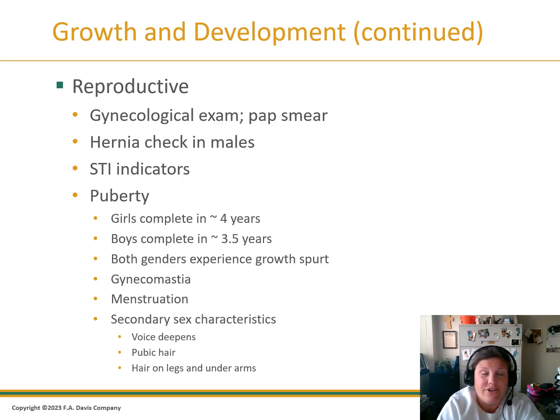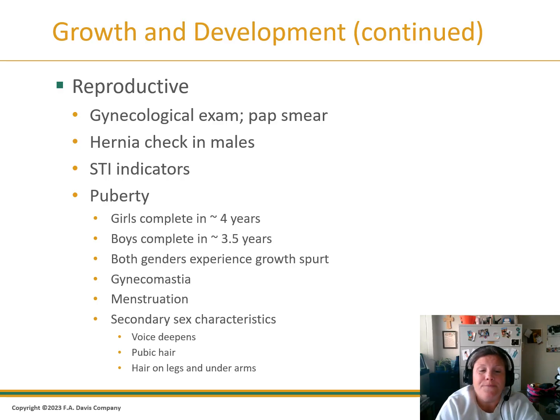We want males checked for hernias. Hernias typically occur in the inguinal region of the male. We want to educate and also identify any indicators of sexually transmitted infections in either population. Know that with puberty for girls, it takes about 4 years for it to be completed. Boys a little bit less, but girls start first.